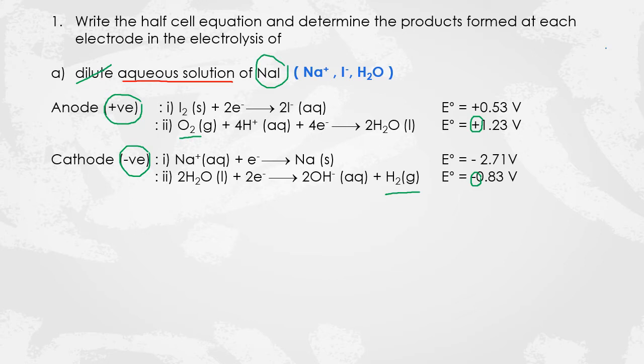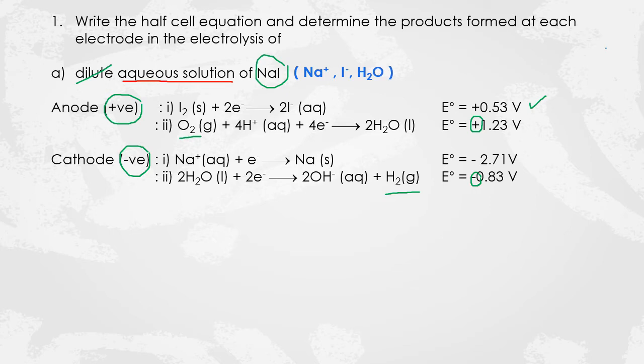So between positive 0.53 and positive 1.23, which of those will be discharged at the anode? We could see that this iodide ion is more negative, meaning they will be discharged at the anode.